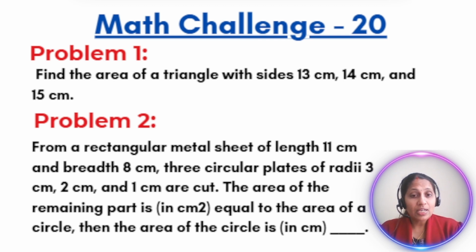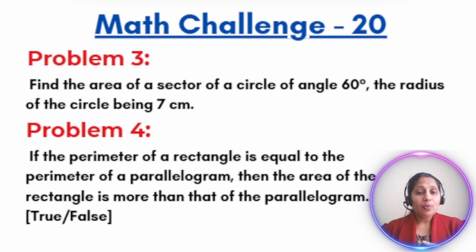As I told you already, for word problems, draw the figure and then go for calculating it. Problem number 3: find the area of the sector of a circle of angle 60 degrees and radius 7 centimeter. We already saw how to find the area of the sector. Do check out the formula, substitute it, get the answer.